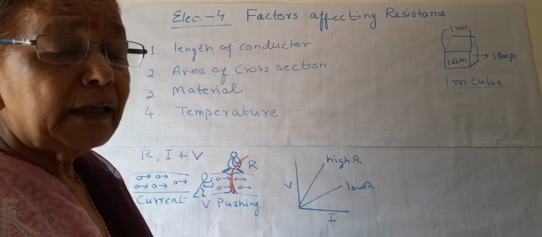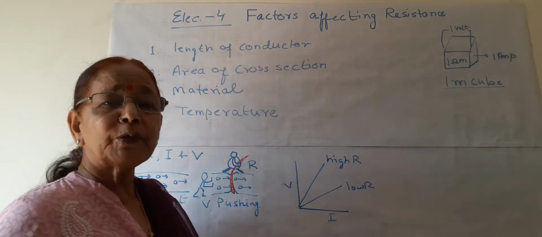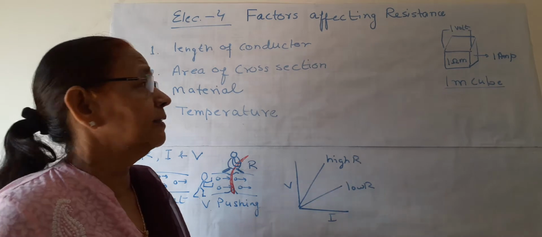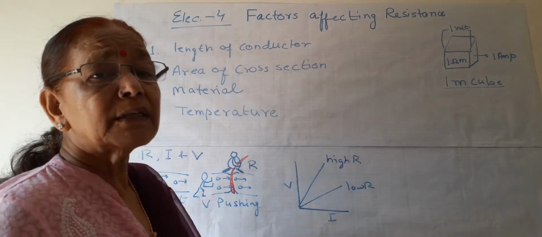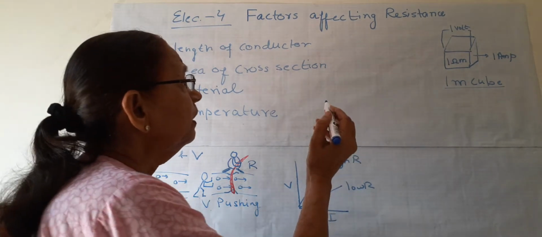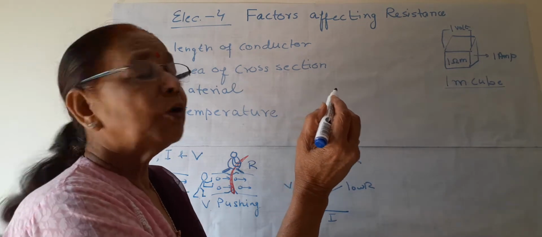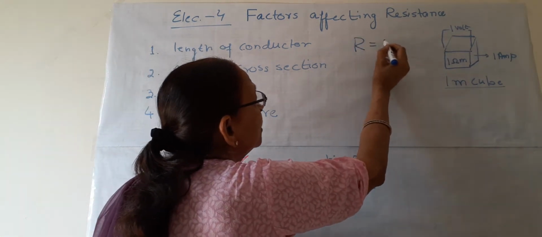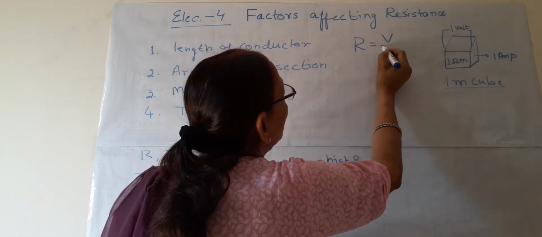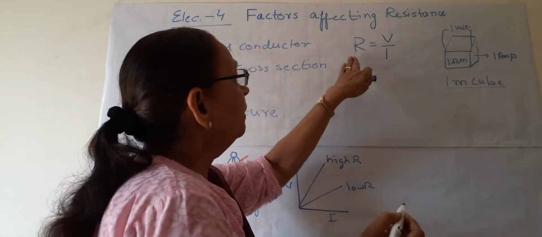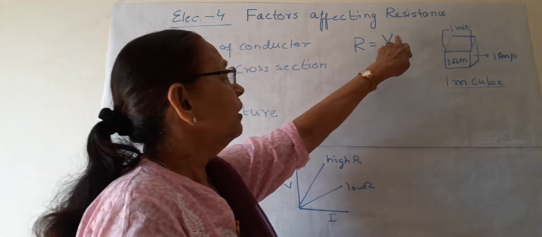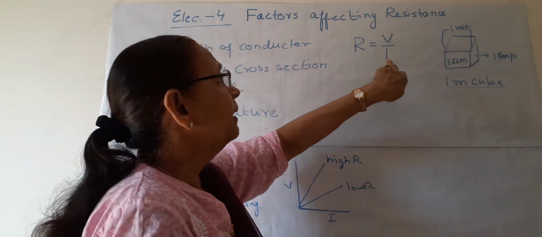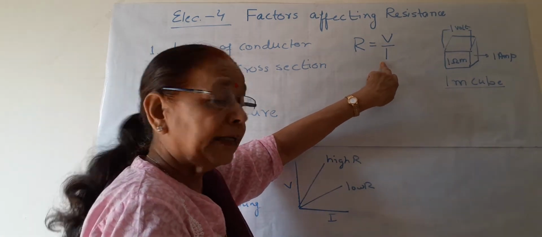In part 3, you have done Ohm's law and resistance. So, we will just repeat quickly what is Ohm's law and what are the different formulae. We know R is equal to V upon I, where R is resistance, V is potential difference and I is current.